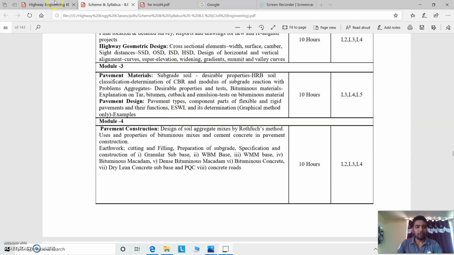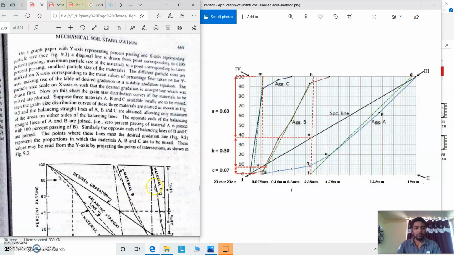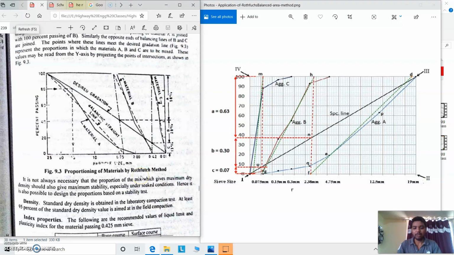So now I will discuss the soil Rutherford method. In this regard, the proportion of materials by Rutherford method.